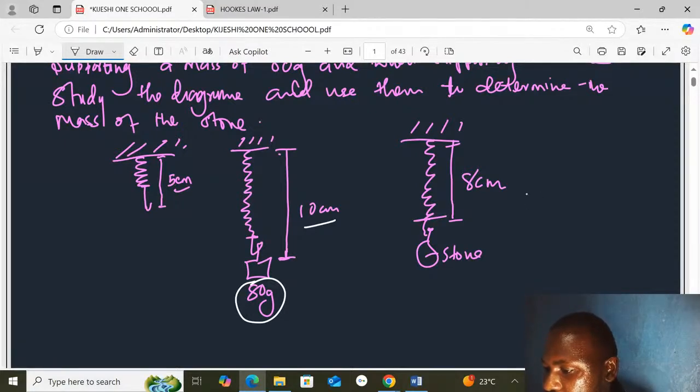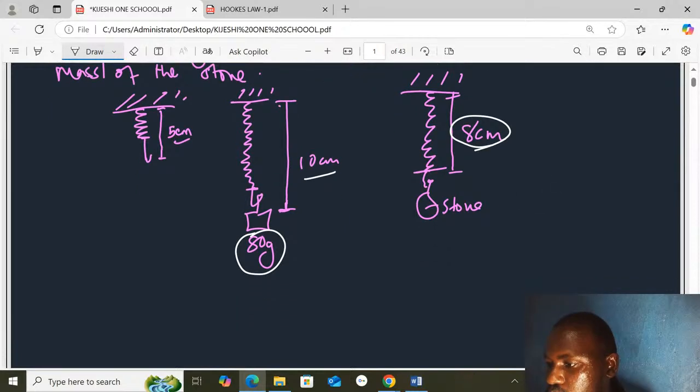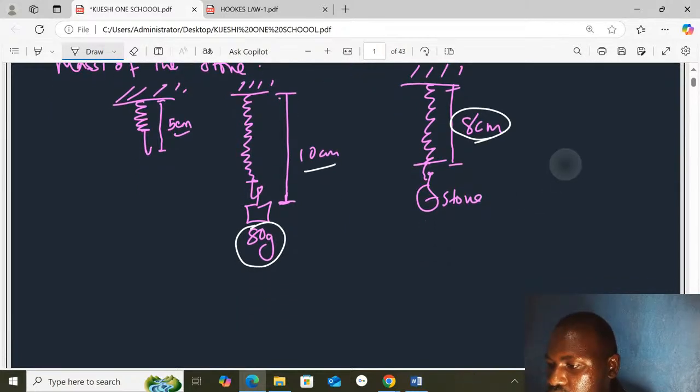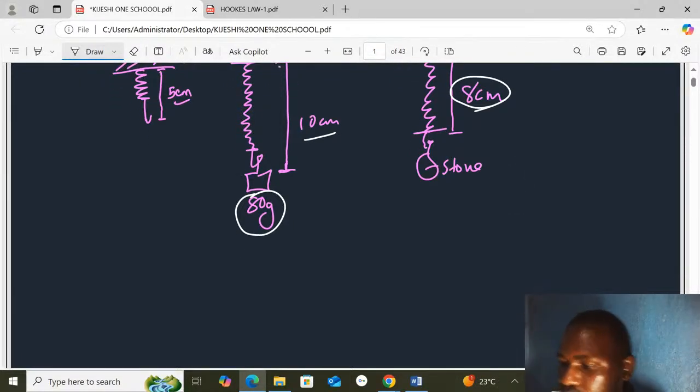And when a stone is hanged, it is going to have 8 centimeters. Therefore, we are entitled to do our own calculations and work out what will be the mass of the stone. Therefore, we can do the solution here.